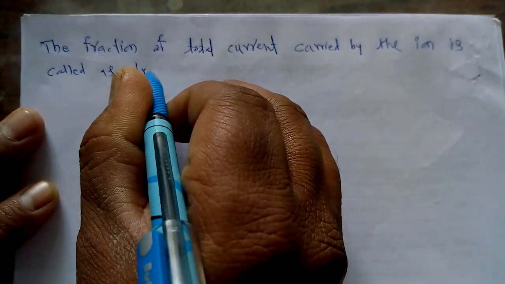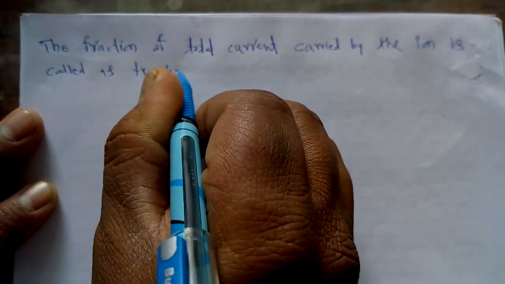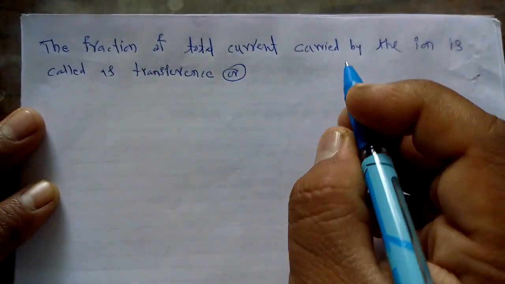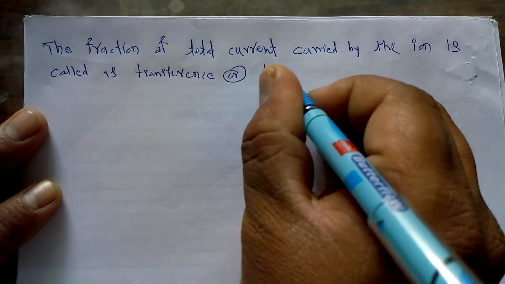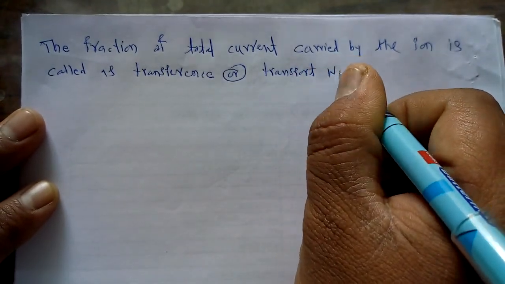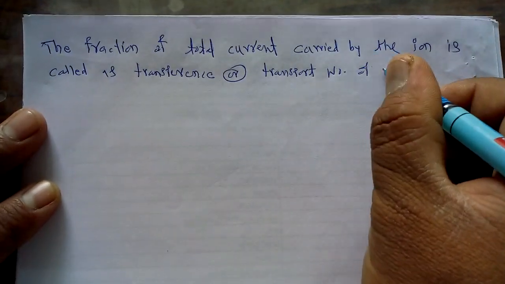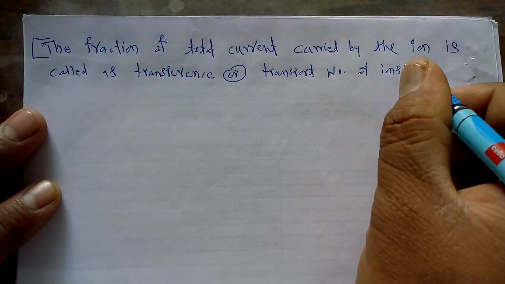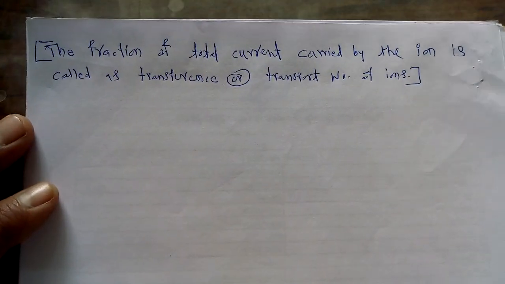It's called transference or transport number of ions. So this is the simple definition of the transference or transport number of the ions.